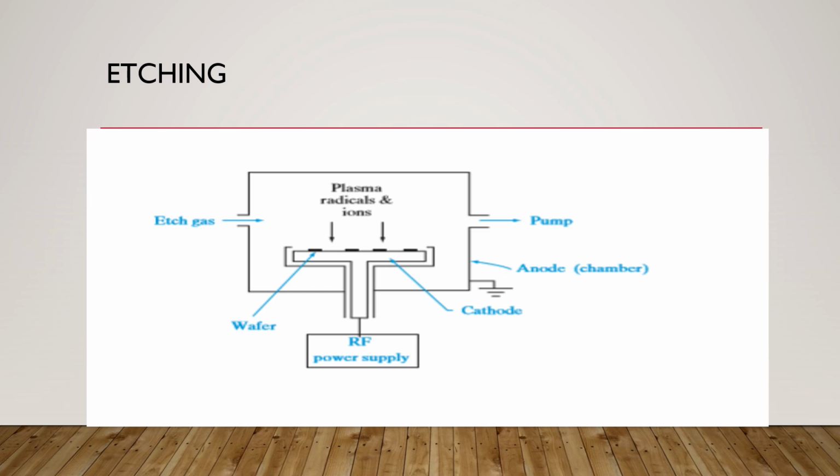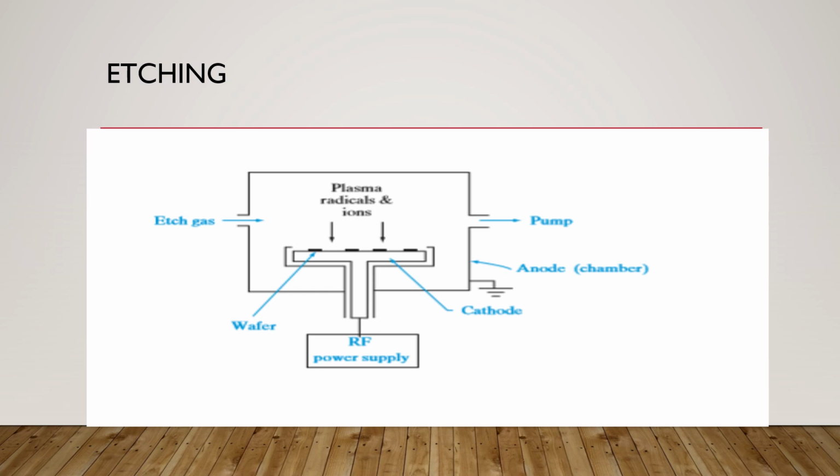Now first of all, we will understand what etching is. After the photoresist pattern is formed, it can be used as a mask to etch the material underneath. In the early days of silicon technology, etching was done using wet chemicals.